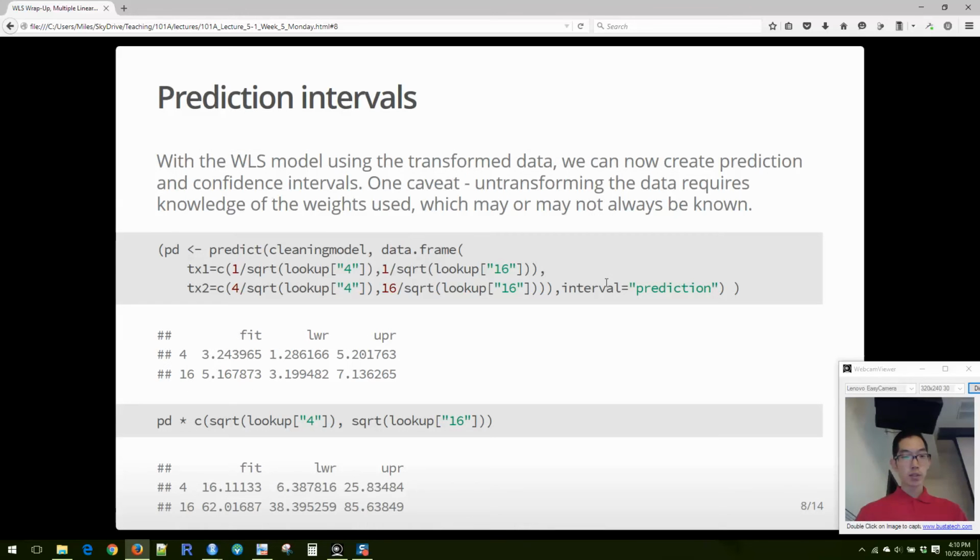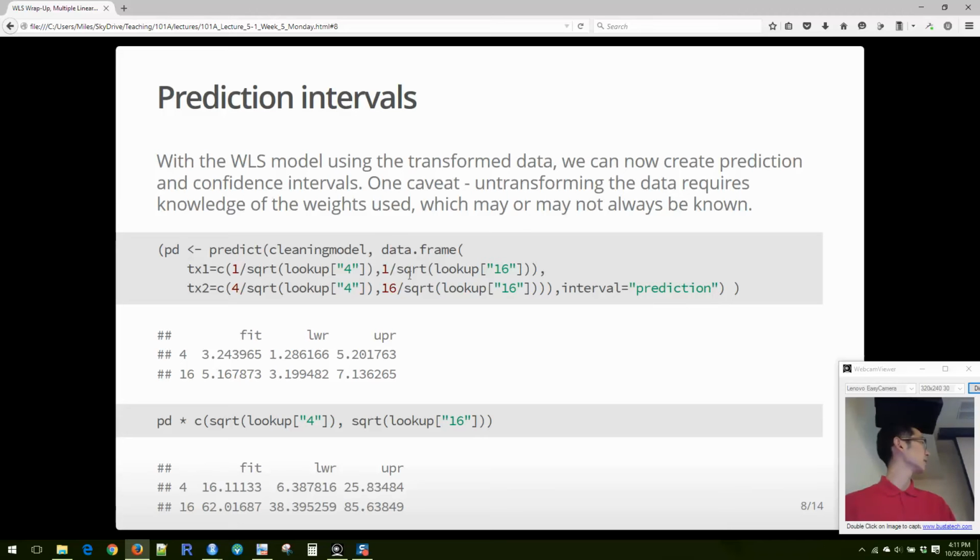Our lookup table shows the variance, so multiplying by the square root of the weight is the same thing as dividing by the square root of the variance here. So my x1 is going to be 1 over the square root of the variance for the number 4, and the second one is going to be 4 over the square root of the variance for number 4.